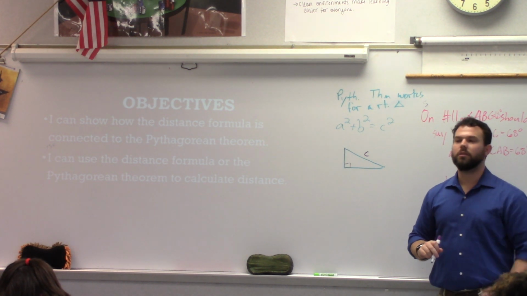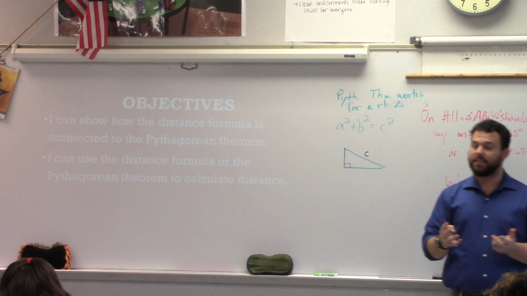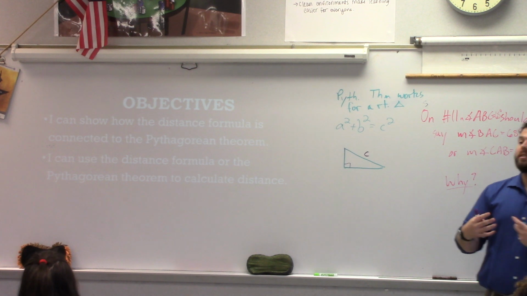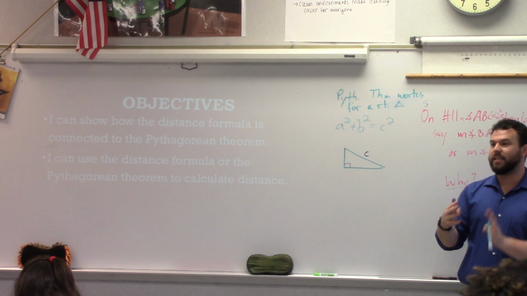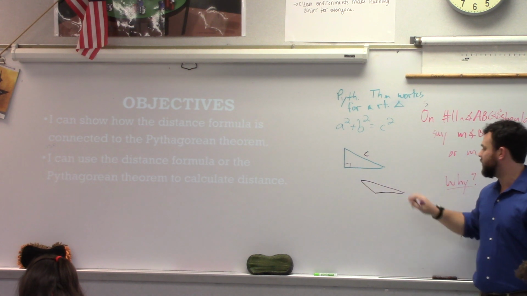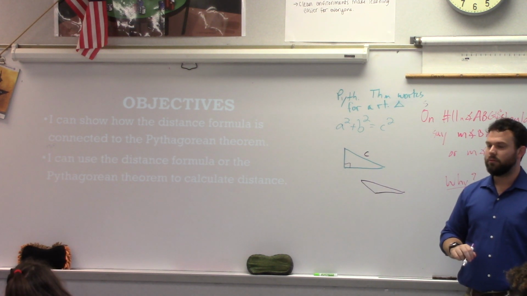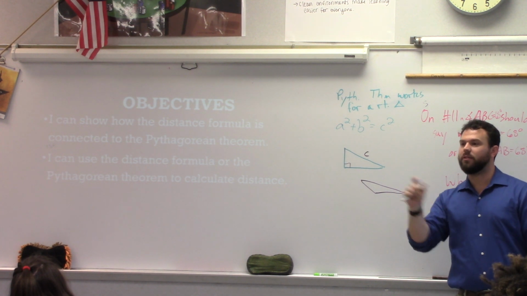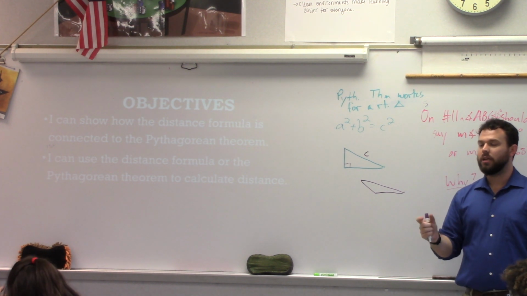The right angle is the biggest angle, so the side opposite is going to be the biggest side. The reason why I say it's the side opposite the biggest angle is because, do I have a hypotenuse in a triangle like this? No. Because it has to be across from what kind of angle? A right angle.